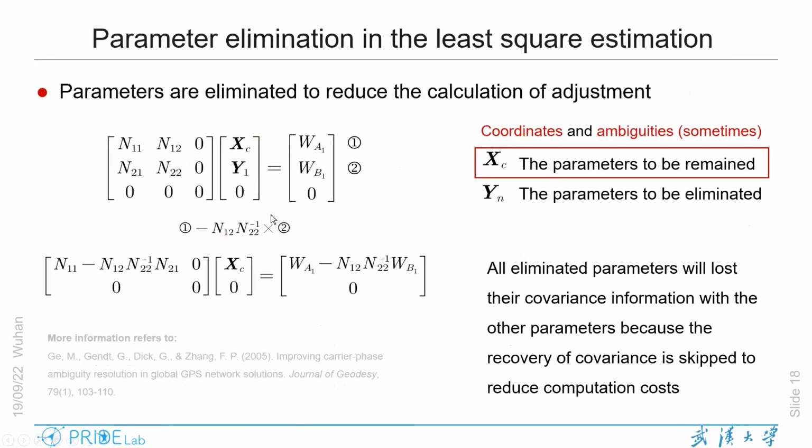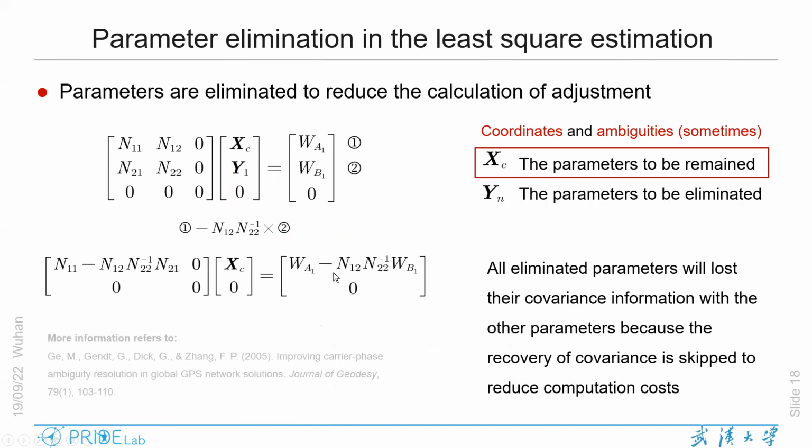As for the least square estimation, we apply the parameter elimination method proposed by Professor Ge to accelerate the process. The most important feature of this method is to reduce the size of the normal matrix, so that the complexity of matrix inversion can be significantly reduced.